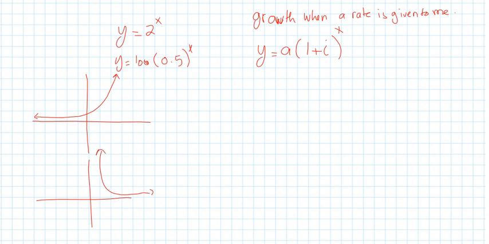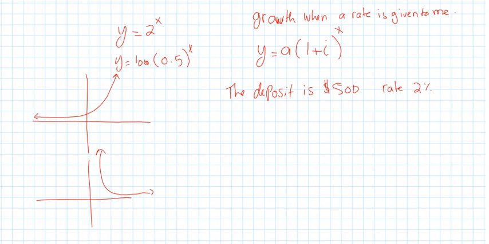So the initial deposit is $500, and the interest rate is 2%. Is my money growing or decreasing? Growing, right? So that means it's an exponential growth.